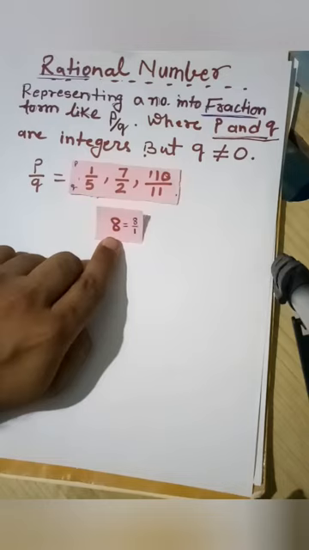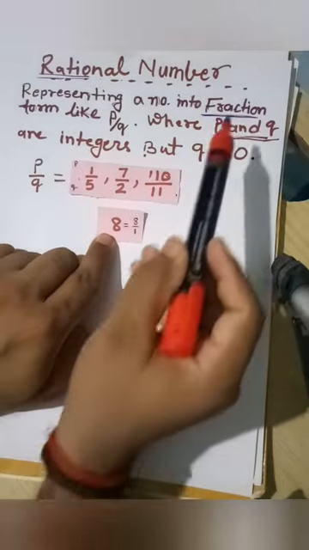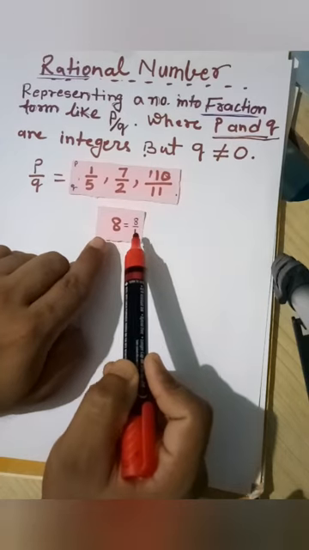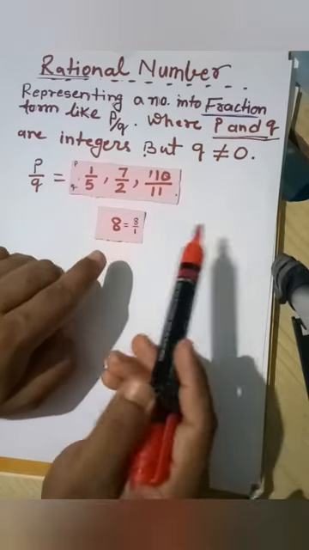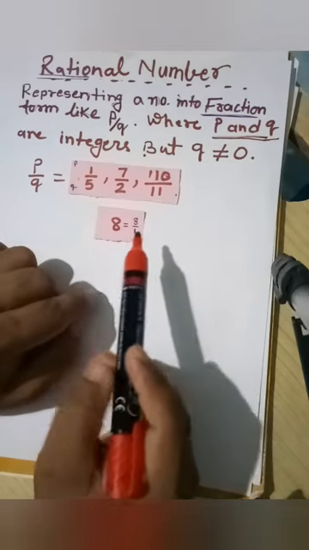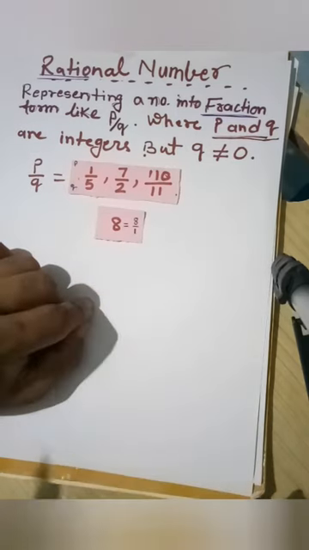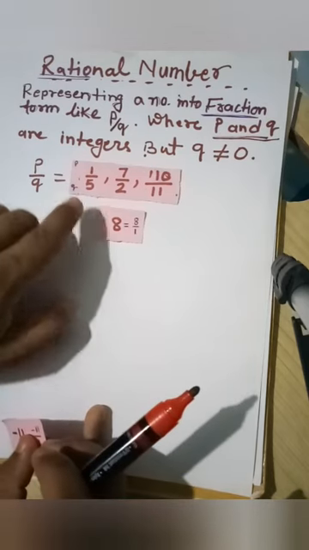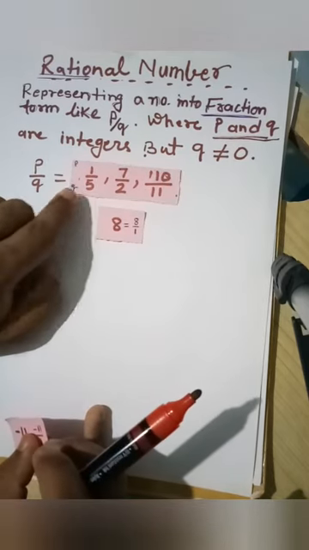So 8 is a number, but it can be represented in the form of a fraction. We can see how: 8 upon 1. When you don't have anything in the denominator, you always have 1, as you know. So this is the positive integer and this is the positive rational number.